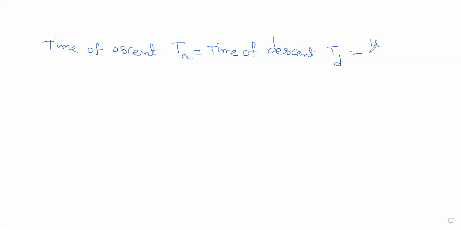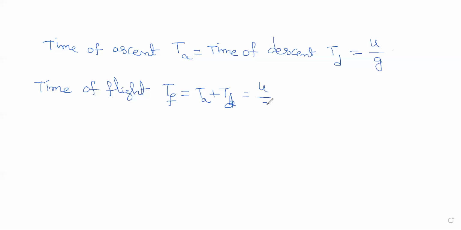Both are equal to u by g. Time of flight, that is tf, is equal to ta plus td, so u by g plus u by g, which is 2u by g. This is the time of flight.